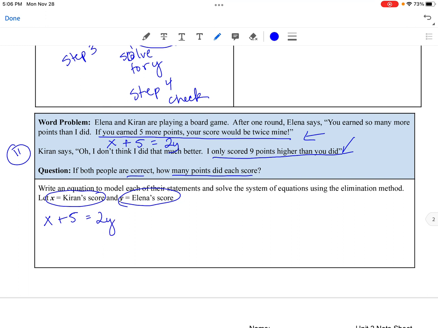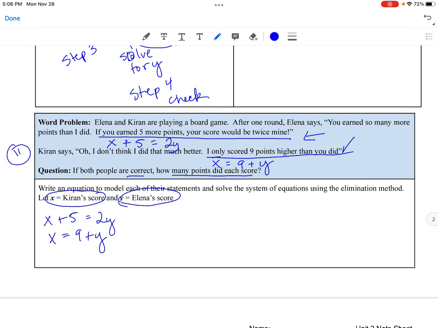The other equation is Kieran saying, I only scored, so he's x, only scored 9 points higher than you did. So you could say Kieran's score equals 9 more than Elena. So we have 2 equations. Now we have a system of equations.